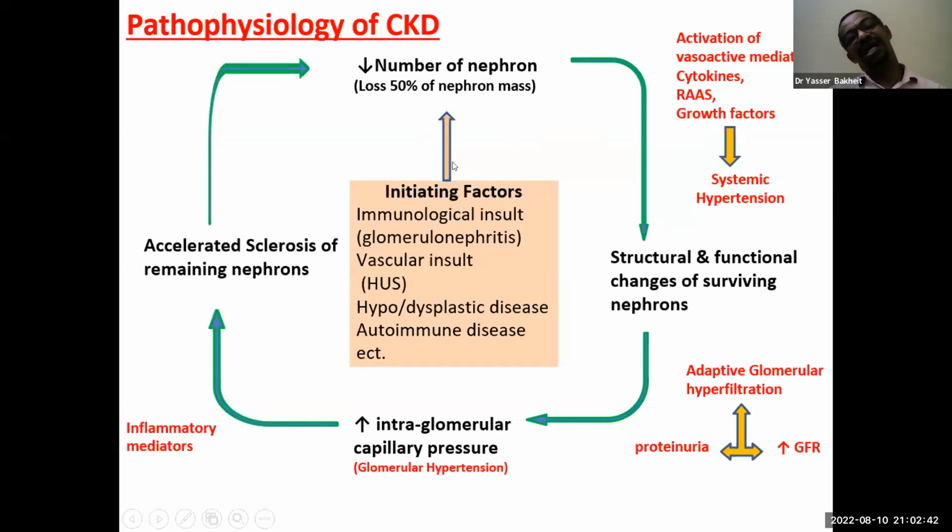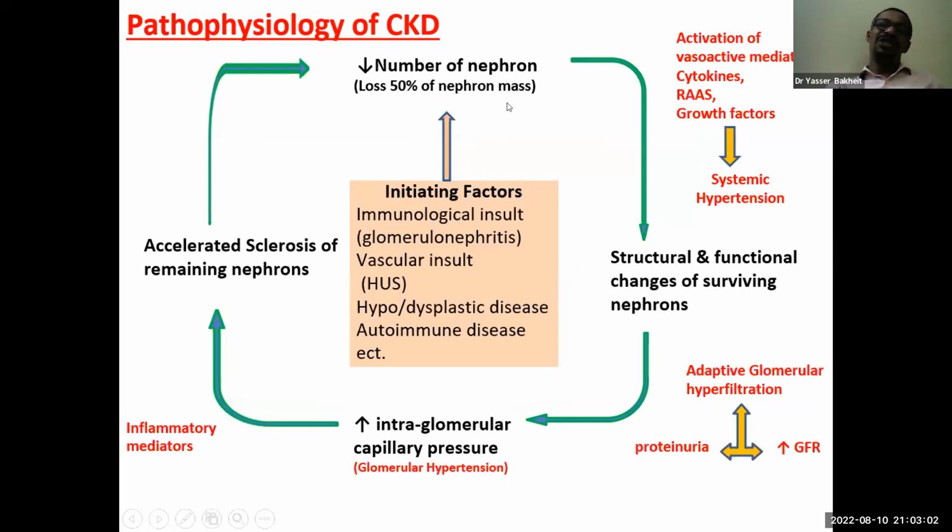So when there is an initiating factor that reduces the number of nephrons to less than 50% of the total, the pathway and the pathogenesis are the same.